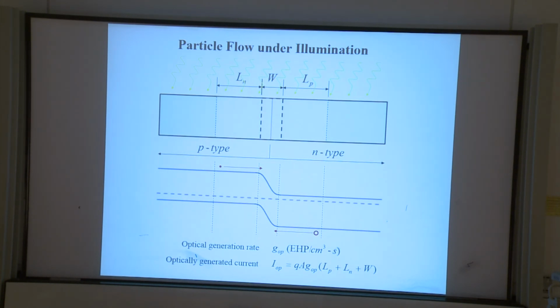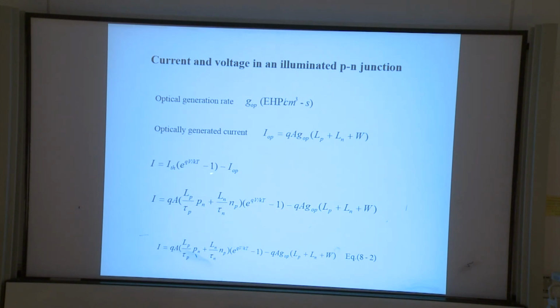However, in this equation, the first term on the right-hand side of the equal sign defines the diffusion direction as positive. So we need to subtract the effect of the current generated by photon electrons. So this is really the minus sign.